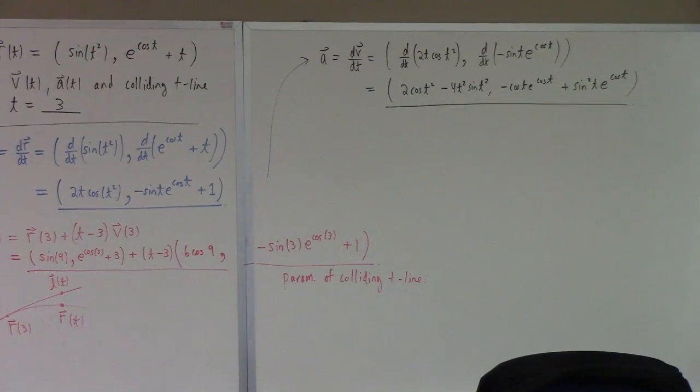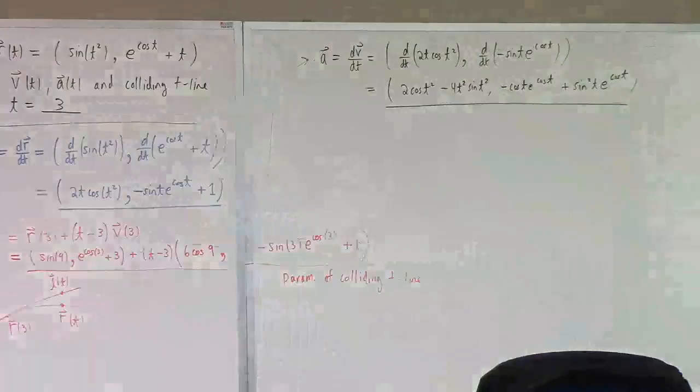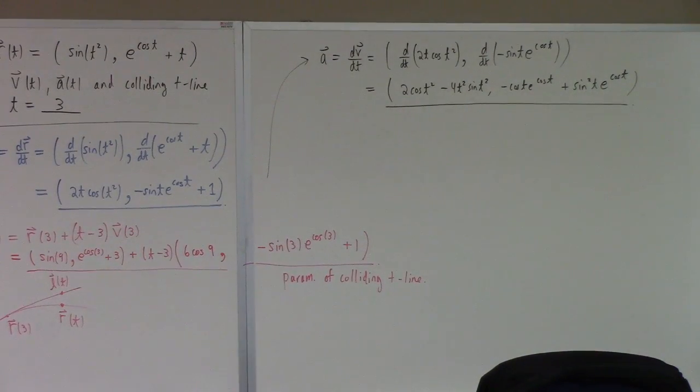Anyway, I hope you see that this is not a mean question. You got to differentiate to find the velocity. You plug in the time and use the colliding tangent line setup to find the parameterization of the tangent line, and then the acceleration we get from differentiating 2 times. It's not a bad thing, right?